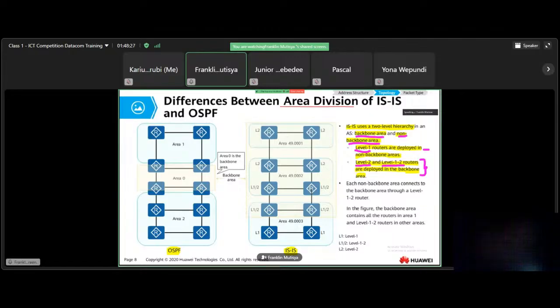Level 2 and level 1, 2 are deployed in the backbone area. So each non-backbone area connects to the backbone area through a level 1, 2. So for example, we have a level 1 here. For this level 1 to communicate with a level 2, it has to connect through a level 1, 2.